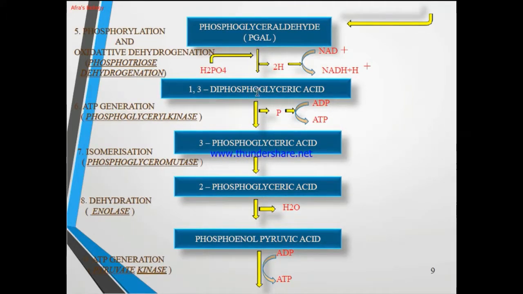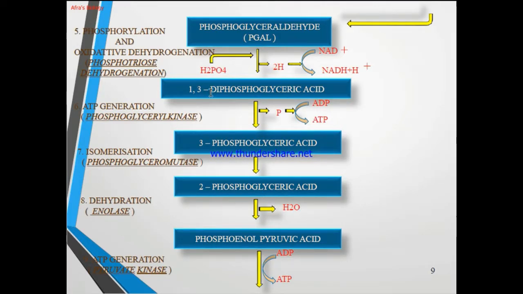Next step, that is the ATP generation. Now 1,3-diphosphoglyceric acid has a rich phosphate group, so it is treated with ADP molecules. 2 molecules of ADP are used to form 2 ATP.